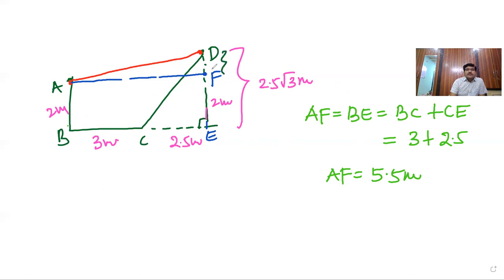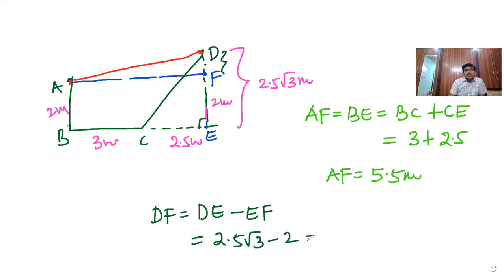Here, next, we require DF. Out of DE, if EF is deducted, DF is equal to DE minus EF. So DE is how much? 2.5 root 3 minus EF, which is 2 meters. I simplify this: 2.5 root 3 minus 2. I will get the DF.